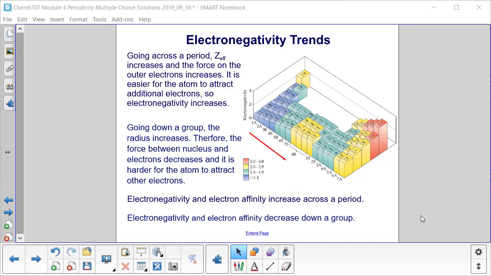Therefore, the force between the nucleus and its electrons decreases, and it's harder for that atom to attract other electrons. Electronegativity and electron affinity increase across a period, and we can see electronegativity here increase from left to right in general, and decrease down a group.